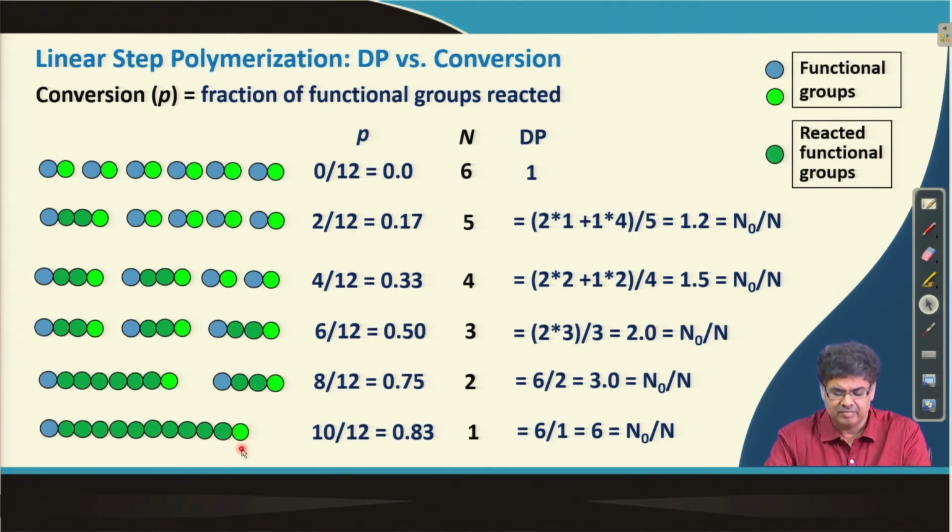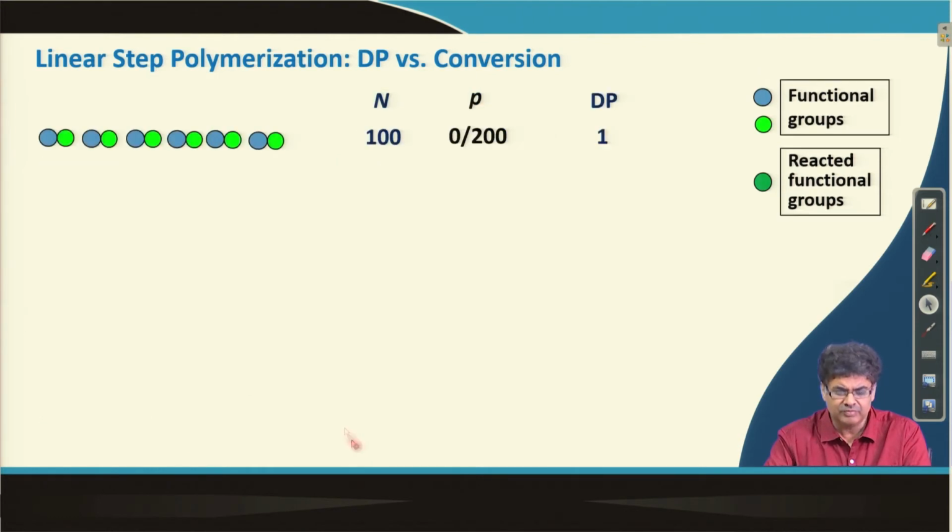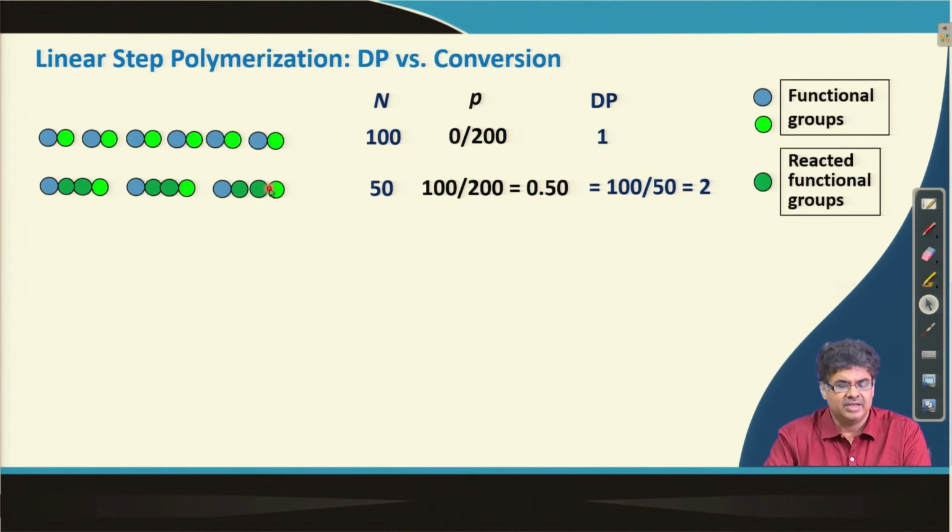We move to a little larger number. If you have, say, 100 of these molecules, at the beginning P is 0 by 200, because 100 molecules mean 200 functional groups, and degree of polymerization is 1. Now, hypothetically, if each 2 of these molecules react forming dimers, then we have 50 molecules, and 100 functional groups have reacted.